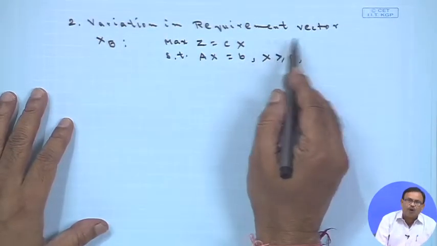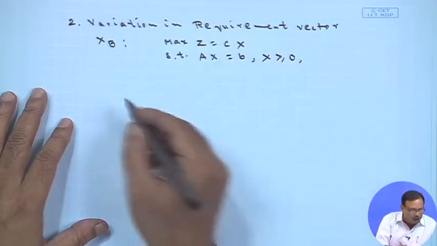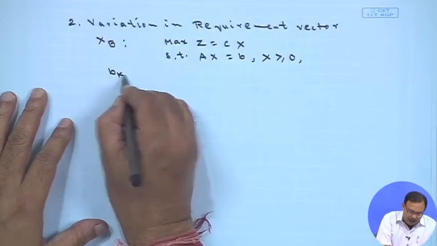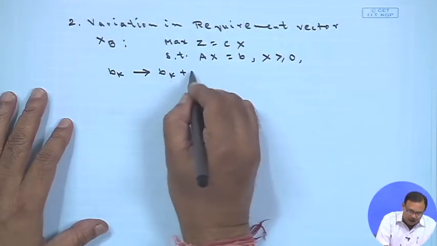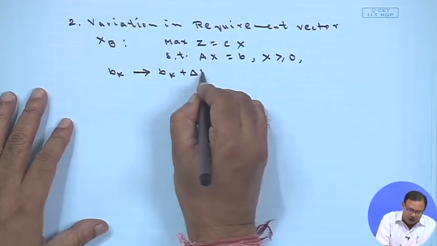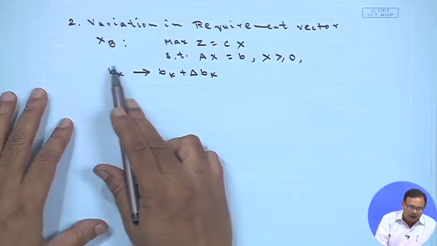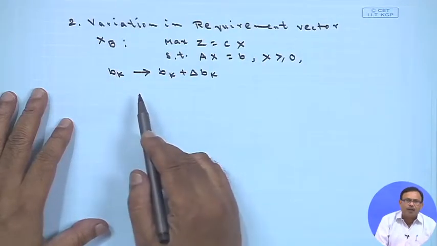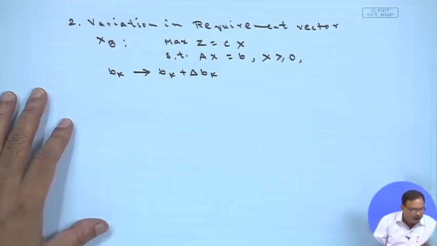The requirement vector means this b. Suppose the kth component of the requirement vector b is changed from bk to bk plus delta bk.